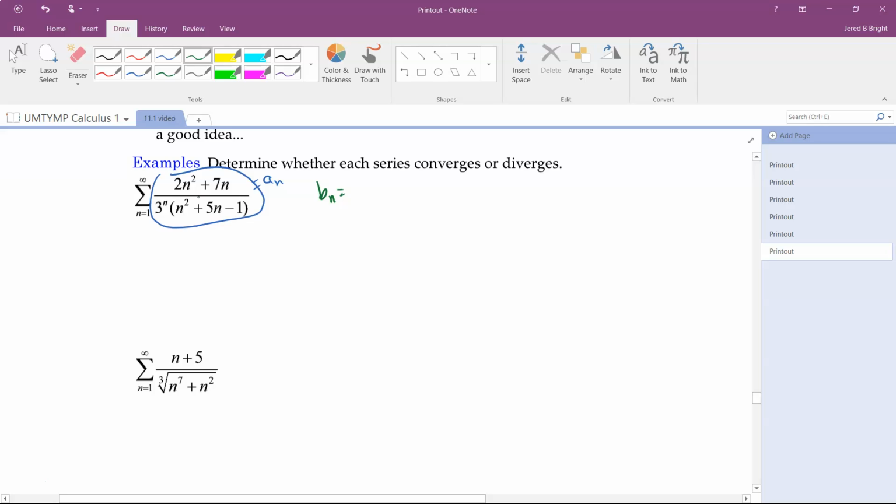If the 3 to the n wasn't there, then the leading terms would be 2n squared over n squared, but the 3 to the n is there currently, so I have to look at that. So it's almost like two series multiplied together into one. So I'm going to use this as my comparison sequence, and both of them are positive and all that good stuff.